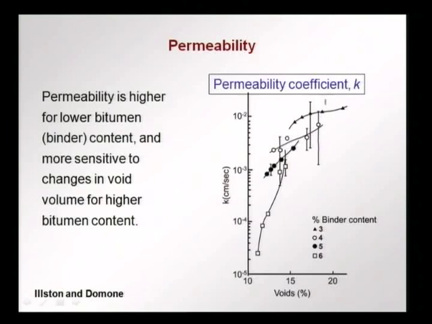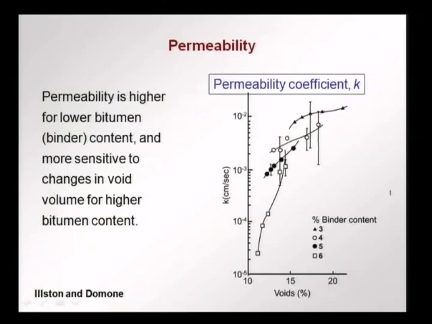At very low binder contents the curves are basically flat, there is not much change in the permeability as void structure changes, but when you have more binder, that means now the value of the permeability is lower, but as the voids increase the permeability increases because the water and air move through the binder, not through the aggregates.